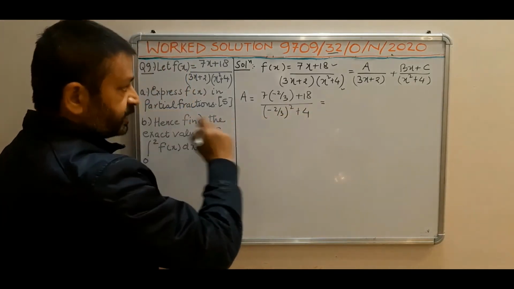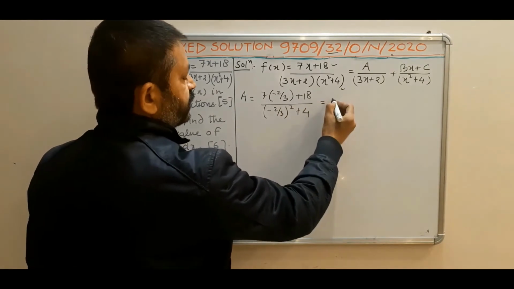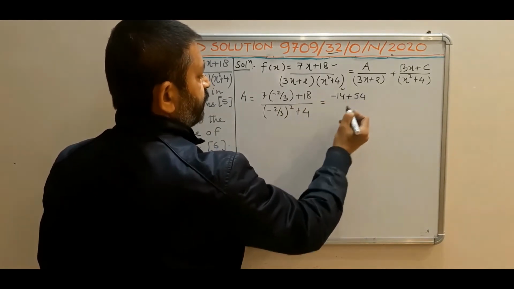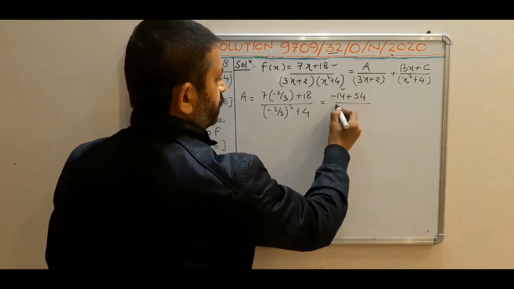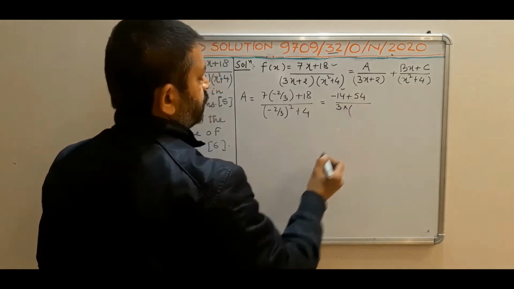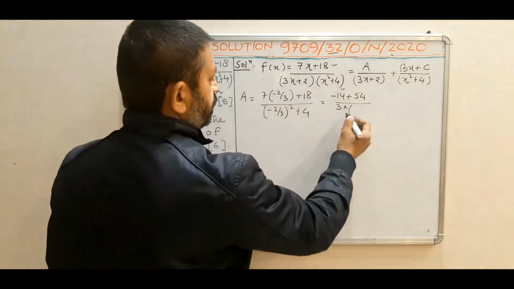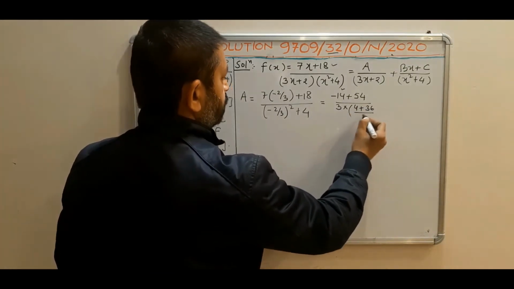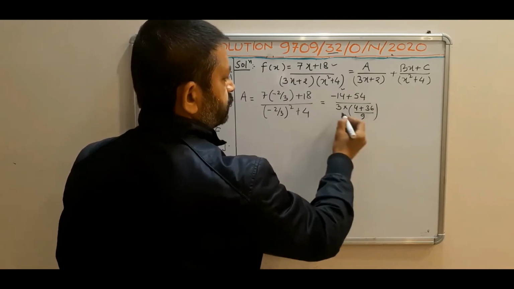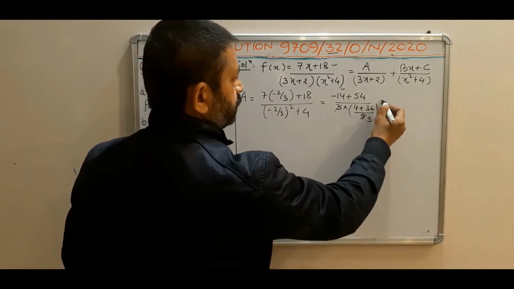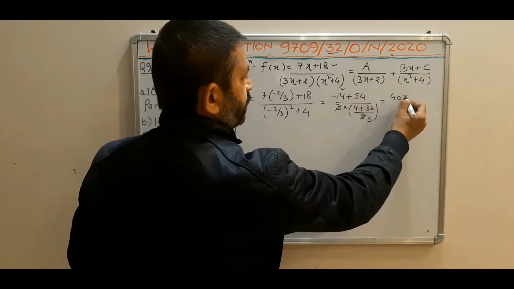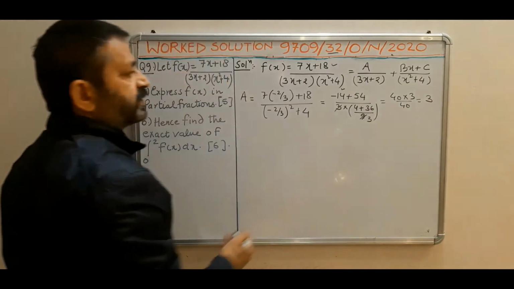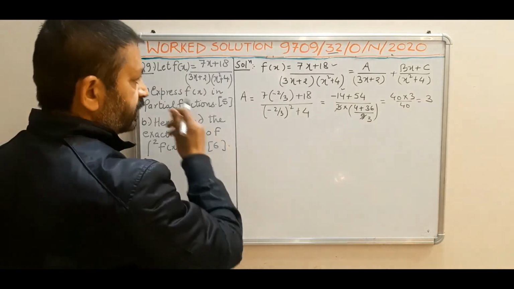It comes as minus 14 upon 3 plus 18, that is 40 upon 3, over 4 upon 9 plus 4, that is 40 upon 9, so that is 3. You can perform this calculation in your calculator only to get that.